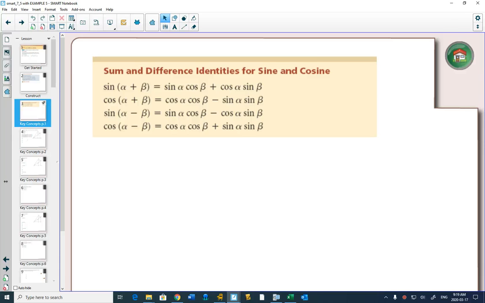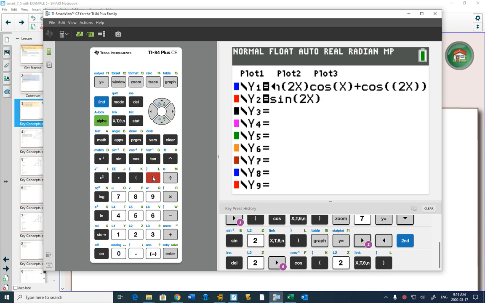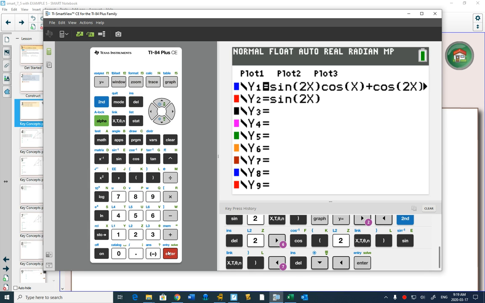All I'm doing right now is using that formula. On the graphing calculator, if you push enter on the equal sign, it doesn't graph it.